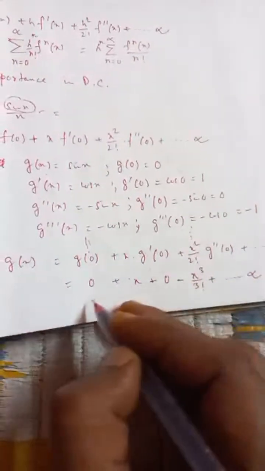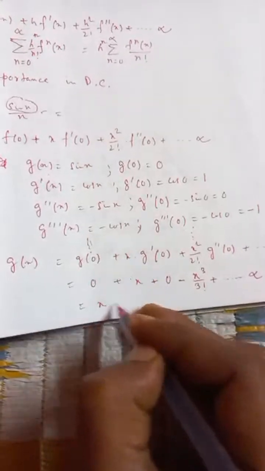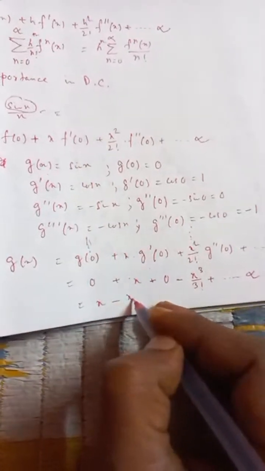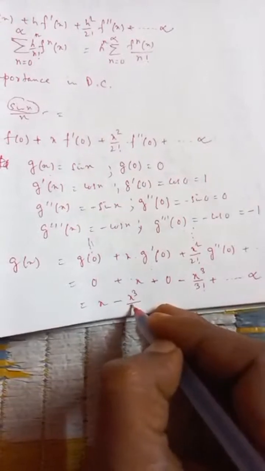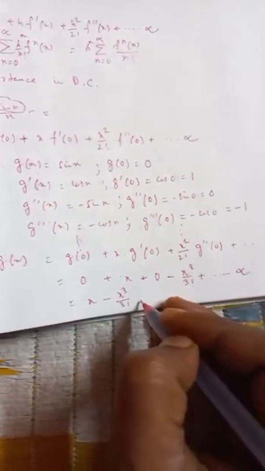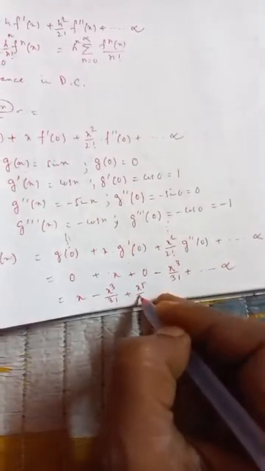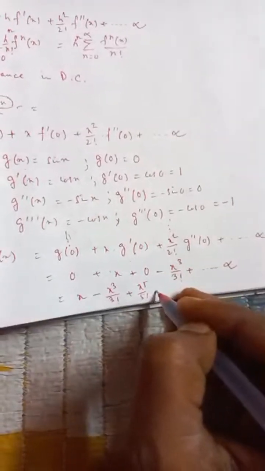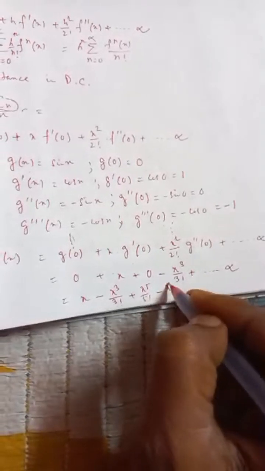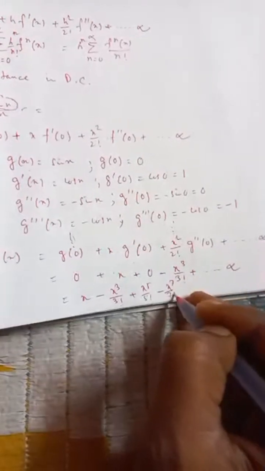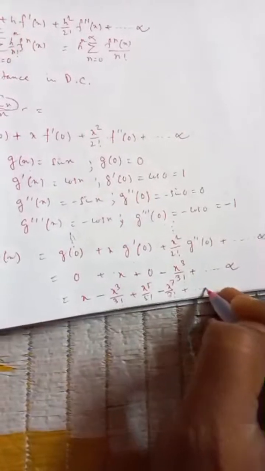So now we have the series x minus x cubed by 3 factorial plus x to the 5 by 5 factorial minus x to the 7 by 7 factorial, and so on.